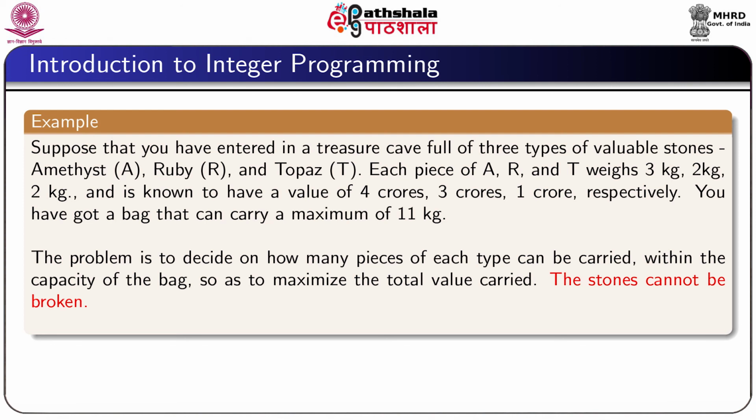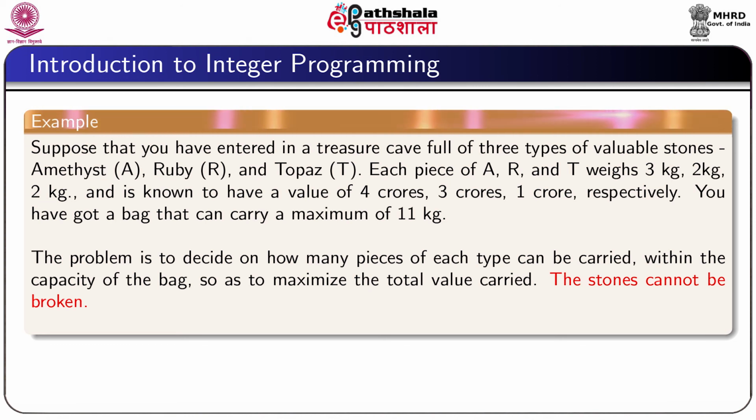Let us take an example. Suppose that you have entered in a treasure cave full of 3 types of valuable stones: amethyst A, ruby R, and topaz T. Piece of A, R, and T weighs 3 kg, 2 kg, and 2 kg respectively.